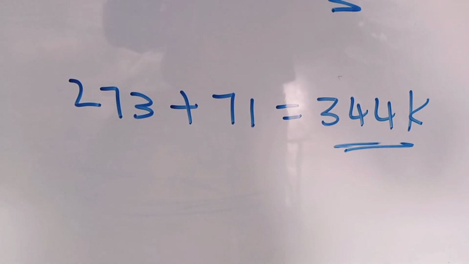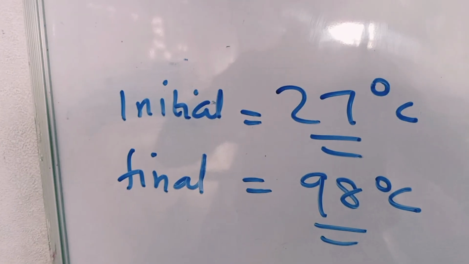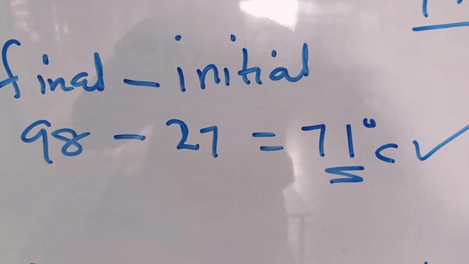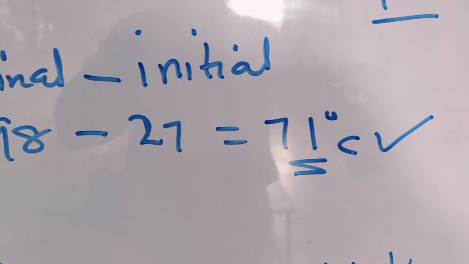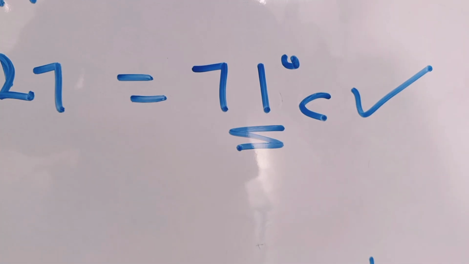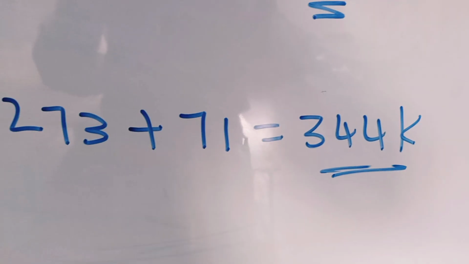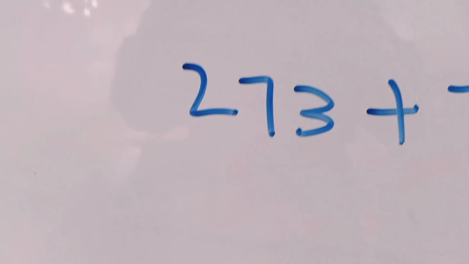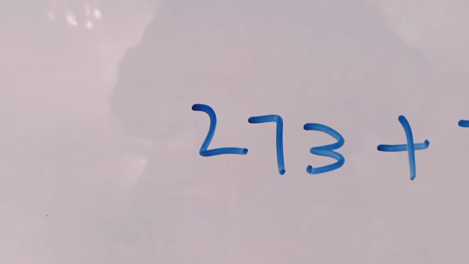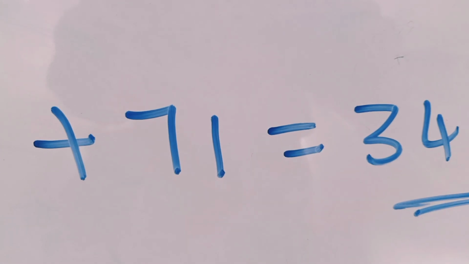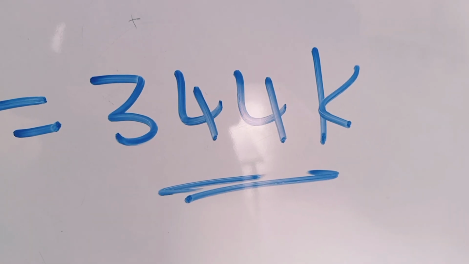You take the initial temperature, 27, and the final, 98, and the difference is 71. To change from degrees Celsius to kelvins, you add 273. This is a constant figure, like pi, 22 over 7, which is constant. So you add 273 to the temperature and you get 344 kelvins.